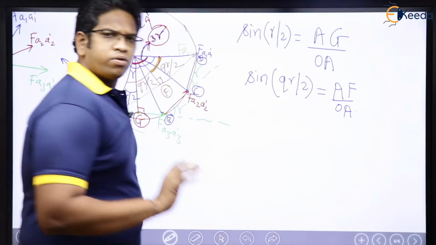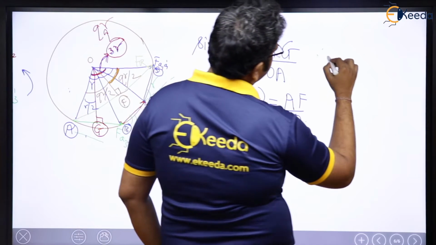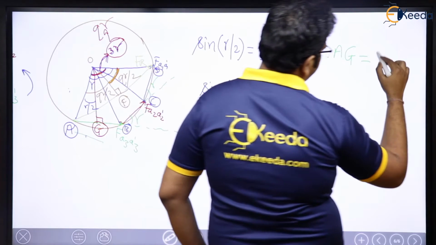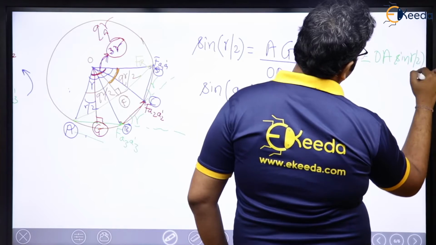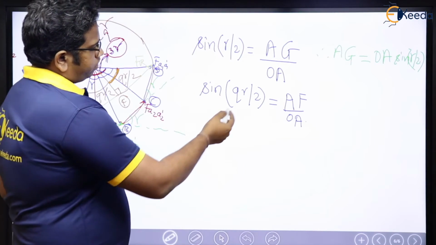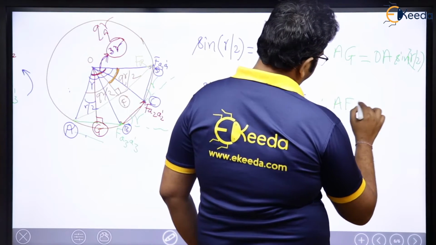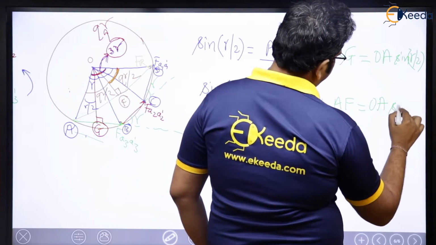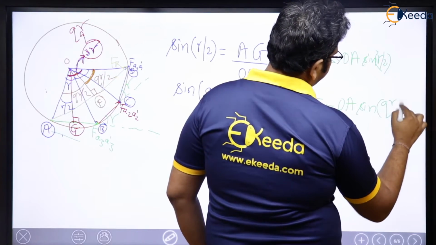Now, very simple. Can I say that from here, therefore, AG is equal to OA into sine gamma by 2, and AF is going to be OA into sine Q gamma by 2.